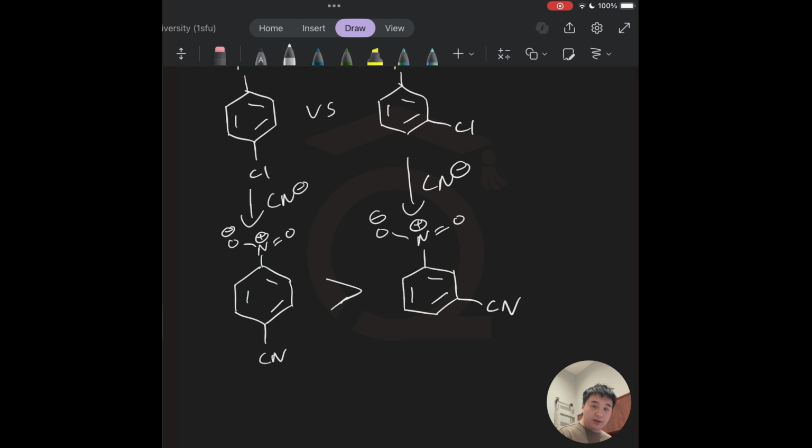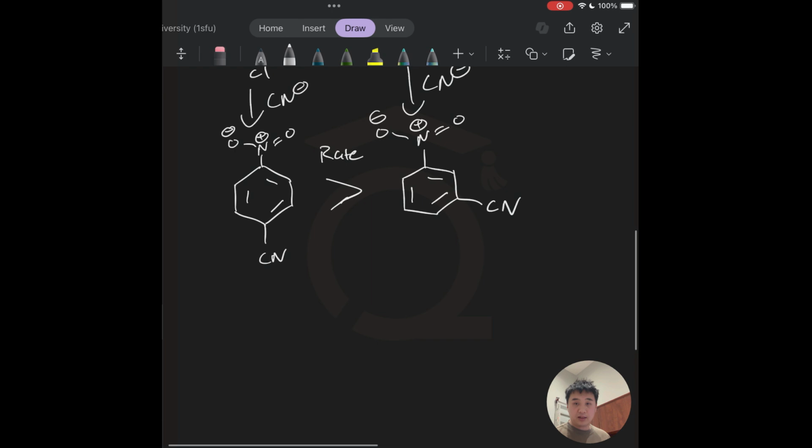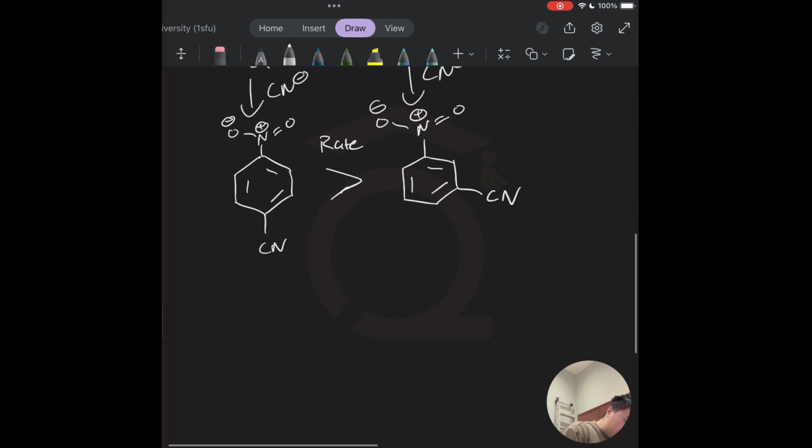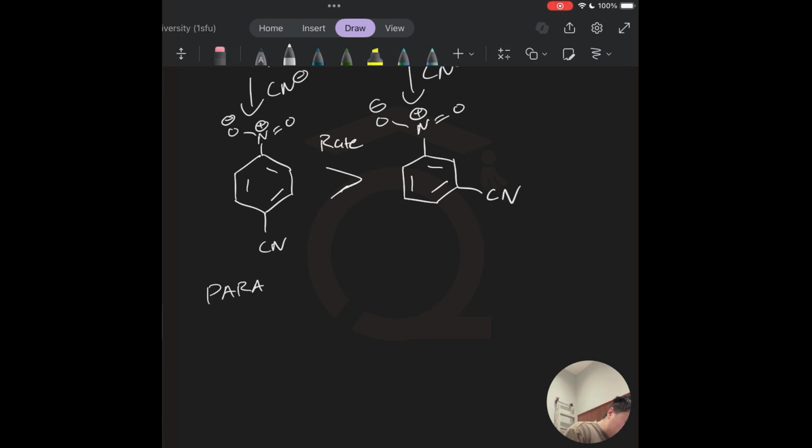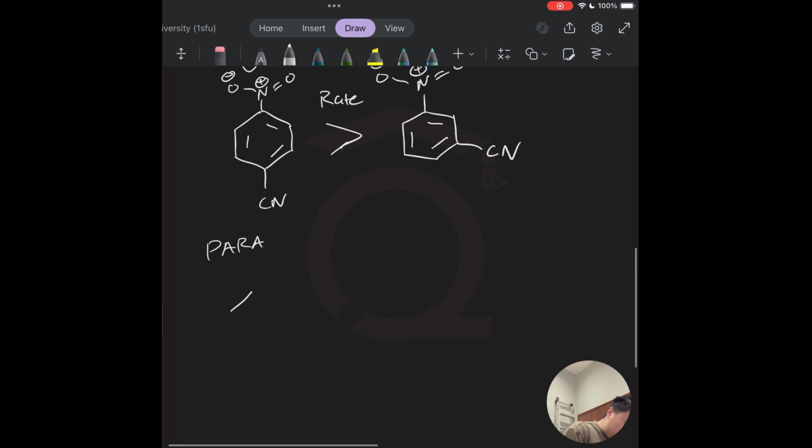And the reason for that is because the para-nitro has a lot more resonance structures when the cyanide attacks compared to the meta, right? So if you look at the resonance structures, if we have this complex again where we just do para, let's see now, the CN attacks in here.